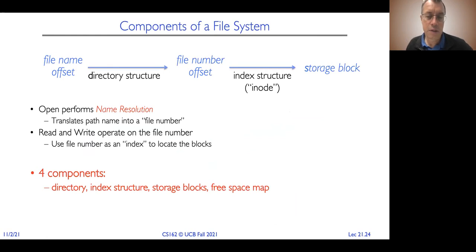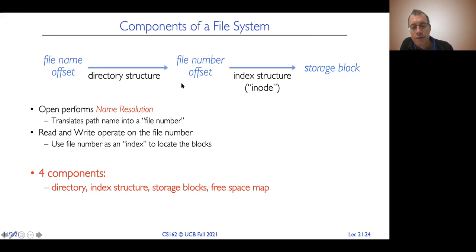Okay, let me go a little bit quicker. So yes, you have a file name in a particular directory, and you can think about the directory as a bunch of entries. The file name offset is going to tell you the entry for my particular file.